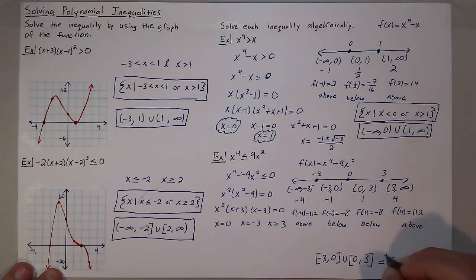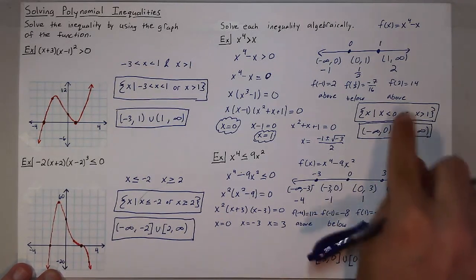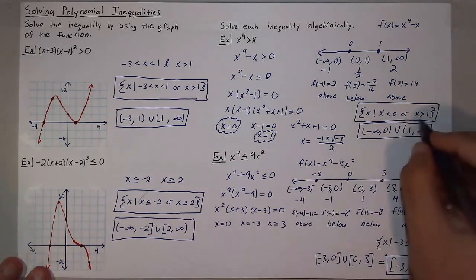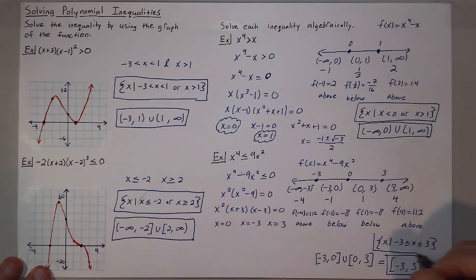And in set notation, what that would look like is all real values of x such that x is between -3 and 3, but including 3. So you'll see here I'm using equals to on those inequalities instead of not equals to. And that is how you solve polynomial inequalities.